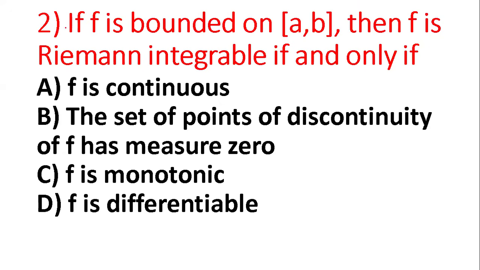See, question. If f is bounded on the closed interval AB, then f is Riemann integrable if and only if: A, f is continuous; B, the set of points of discontinuities of f has measure 0; C, f is monotonic; D, f is differentiable.